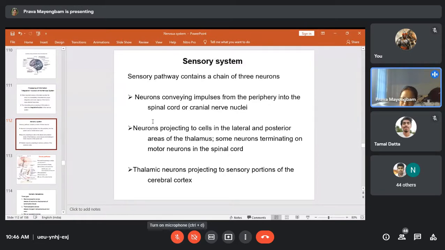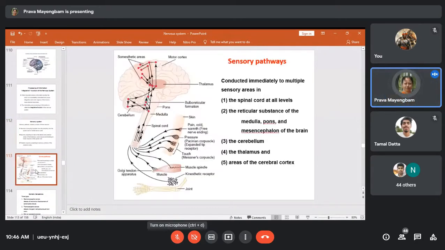So the sensory system perceives the sensations through these 3 kinds of neurons.